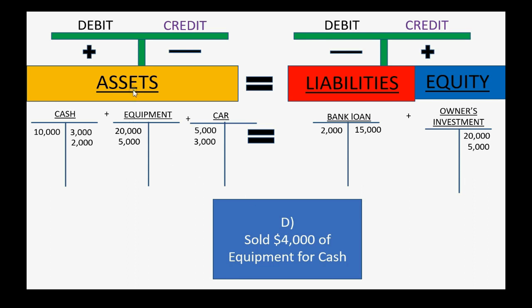They are both assets. So if cash goes up, cash should be debit, and if equipment goes down, equipment should be credit. So just to see that again in slow motion, the answer to D is equipment credit because we have less equipment, and cash debit because we have more cash.